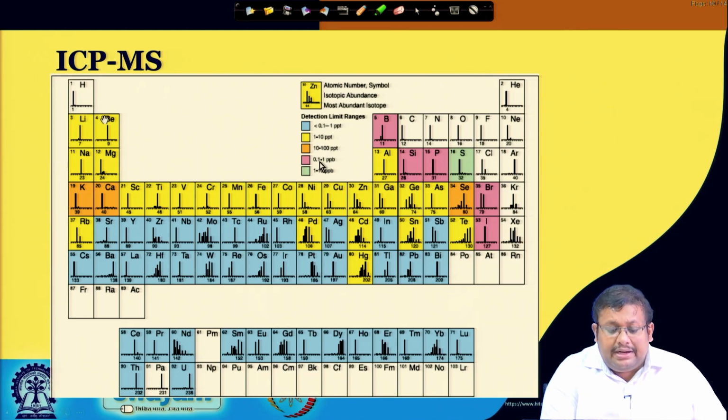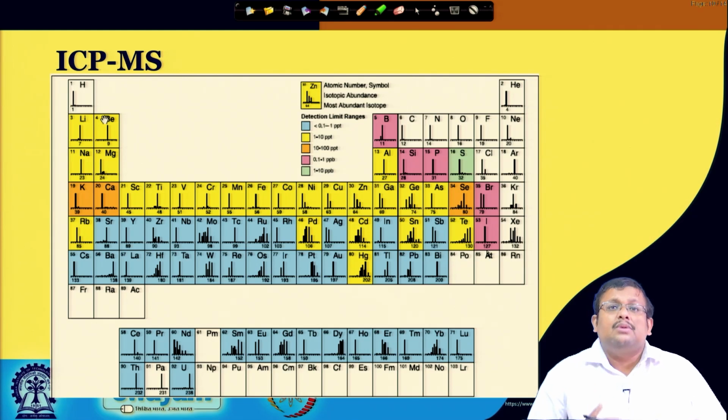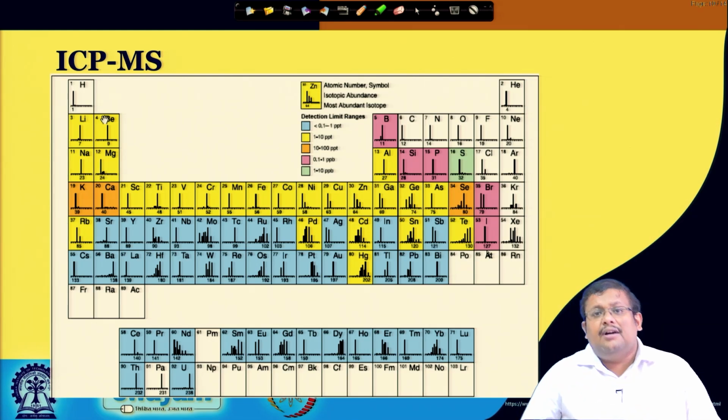Then 1 to 10 ppt, 10 to 100 ppt, 0.1 to 1 ppb, 1 to 10 ppb. The detection limit for this instrument is exceptional, and very few instruments can match this level. This is why ICP-MS is widely used in different analytical laboratories and also in environmental pollution analysis projects.